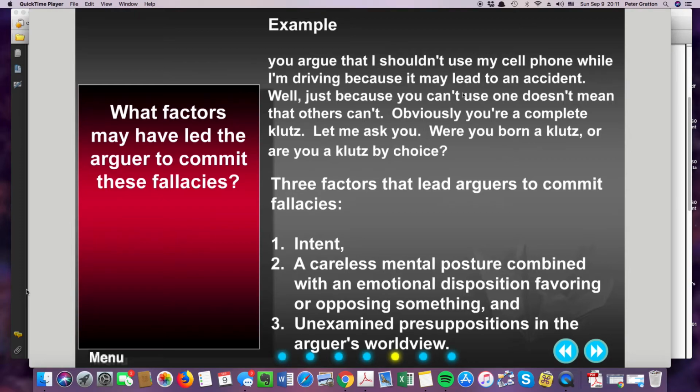I still think there's a red herring: "Just because you can't use one doesn't mean that others can't." In other words, it's changing the subject. But yes, this is an ad hominem, and so on. So it's a mixture of a red herring and an ad hominem.